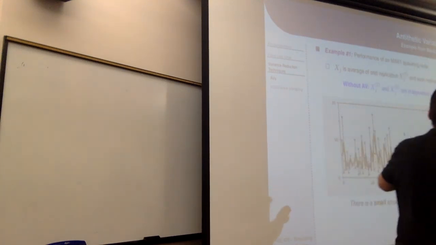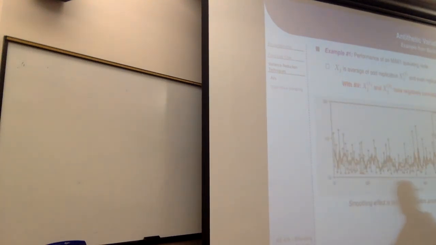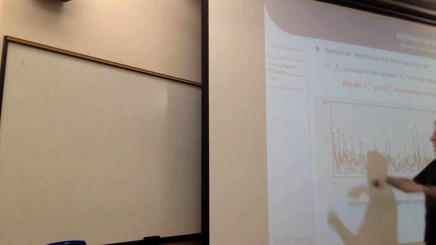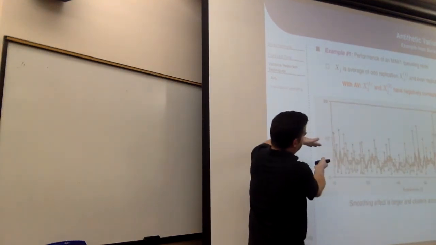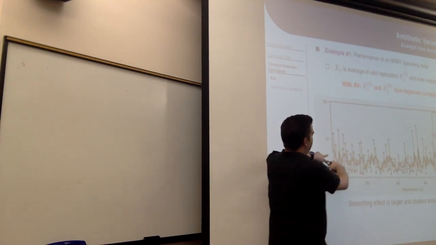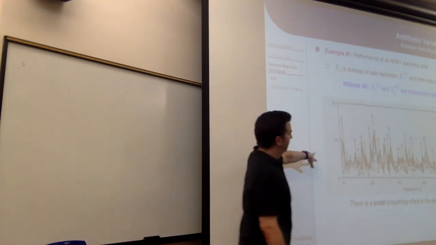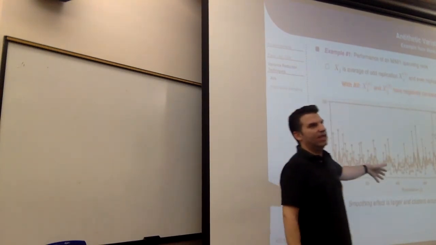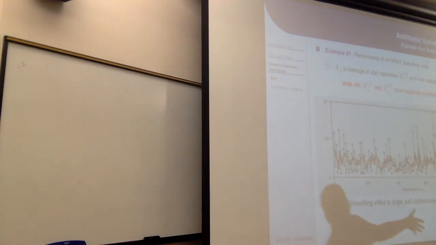Now, if I use antithetic variates, so that every even replication is using 1 minus the uniform random numbers from the previous odd replication, and then I average those two, then this dark line you can see has a much decreased variance, and it really hovers right around the mean. So here's before and here's after. And so I can decrease the variance by averaging across these negatively correlated samples.